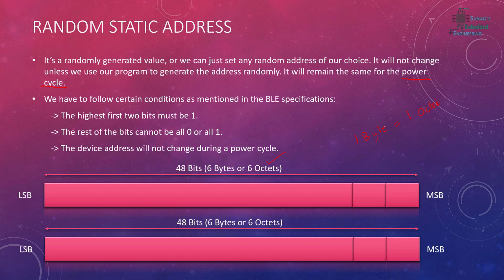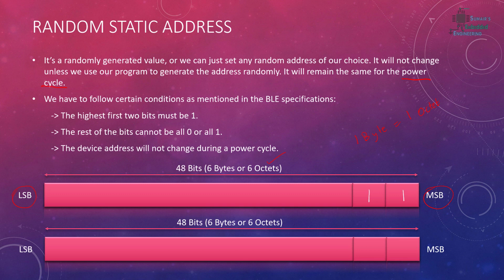So we have to follow certain conditions as mentioned in the BLE specifications. The first one is that the highest 2 bits must be 1 for generating a random static value. Here is the least significant bit, and here is the most significant bit. So the most significant bits should be 1 and 1.